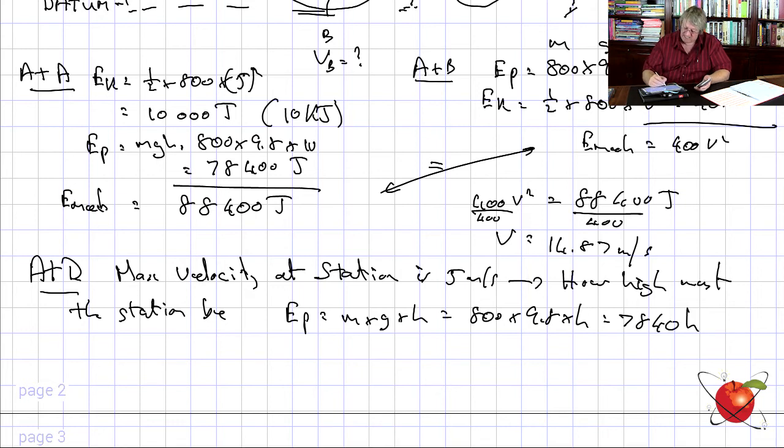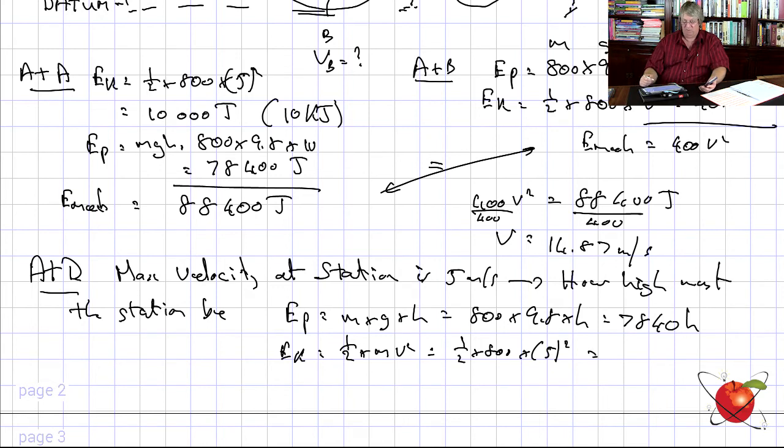And EK is going to be a half times mv squared, which is a half times 800 times, they've told us 5 is the maximum, so it's going to be 400 times 25 is 10,000.